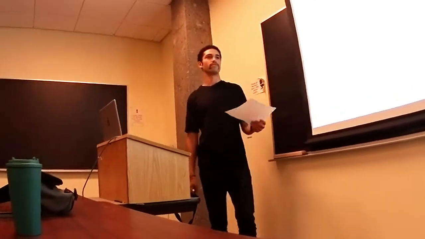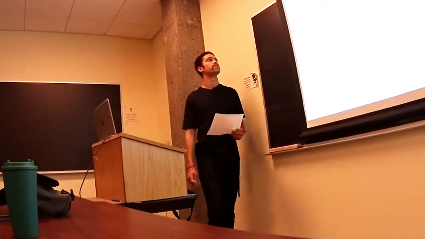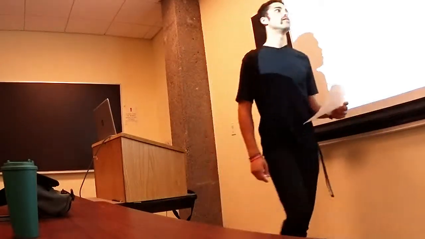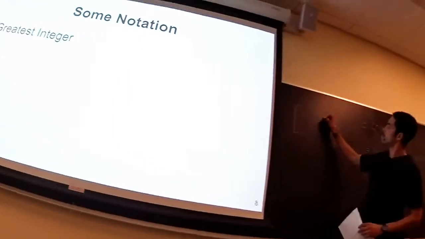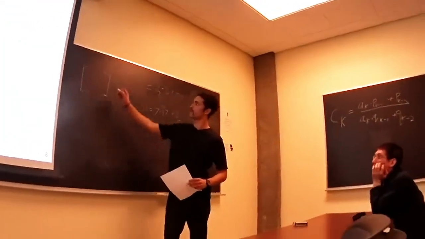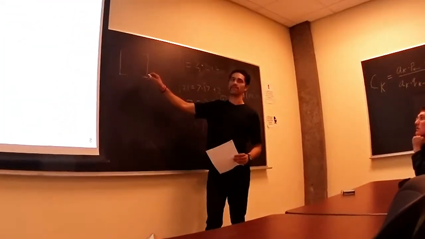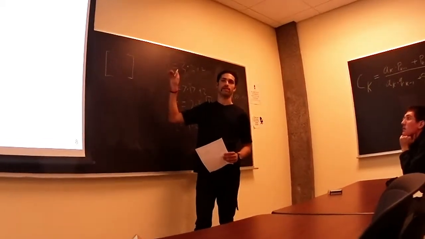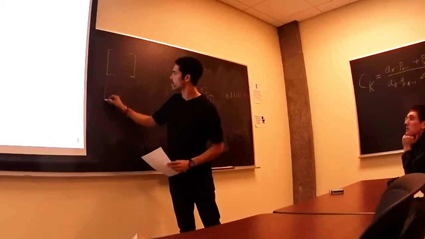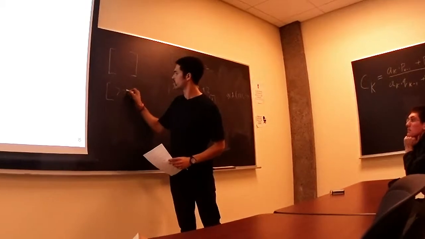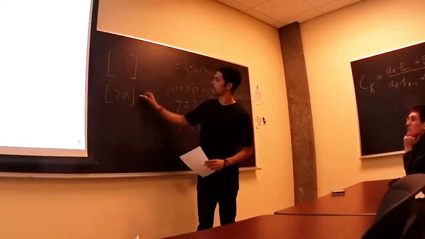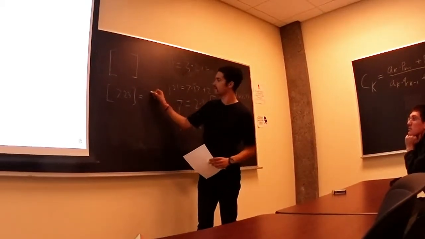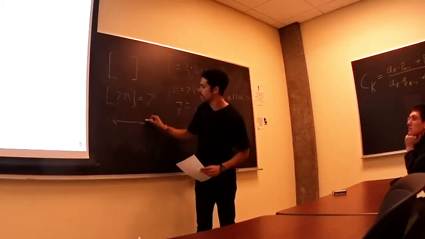I'm going to introduce you to some new notation, which will help expedite the process, which is the greatest integer notation, also known as the floor function. You put a number in here, and what this does is it takes the integer below it. So say you put 7.63 in here. What this says is that you're going to take 7. And when I say below, I mean on the number line.